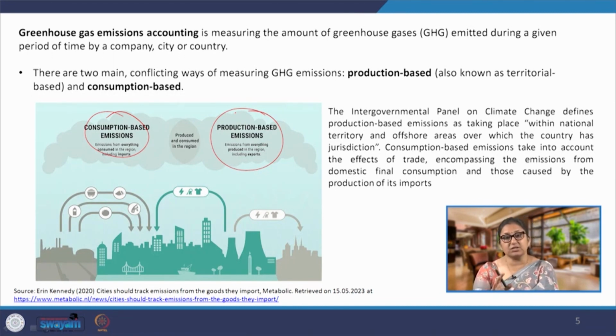Now, compare it, for example, we have two nations. Nation A consumes a lot of goods, but it does not produce. So, if we look at the direct emissions that are going to happen in this country, because there is no production happening, will be significantly lesser, because the industrial processes, all the industrial units are not situated in this particular nation or country.